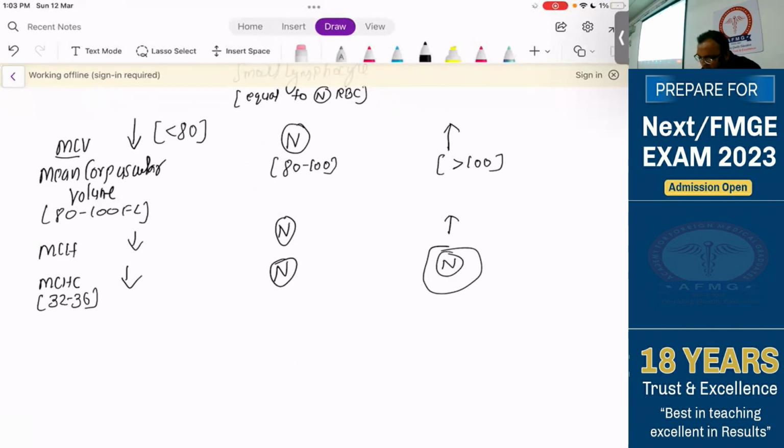The importance is what could be the cause of the normocytic category? It will be hemolytic anemia. First of all, it will be hemolytic anemia.